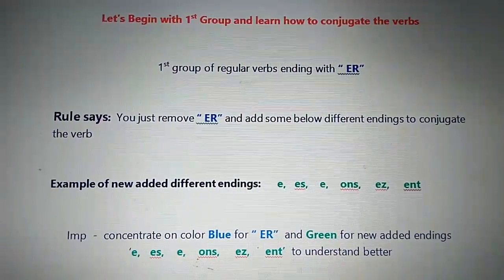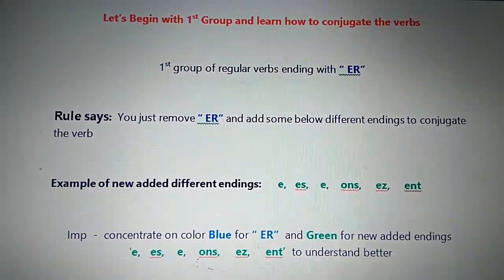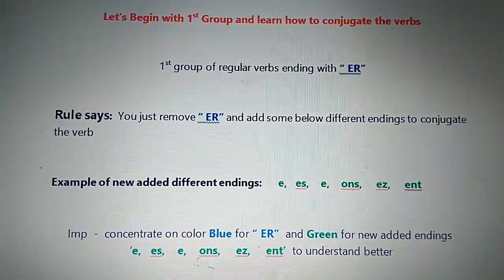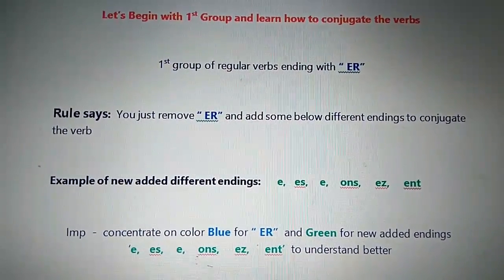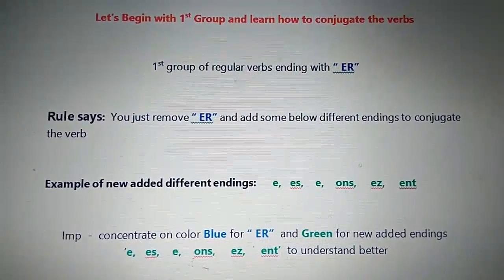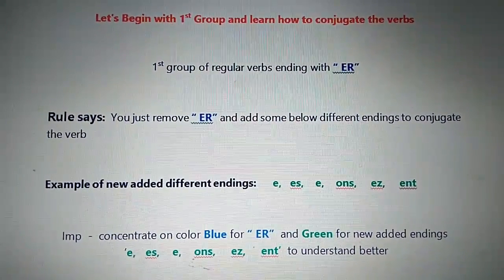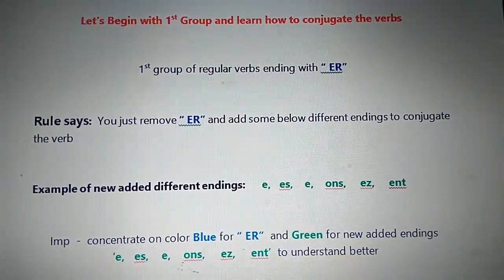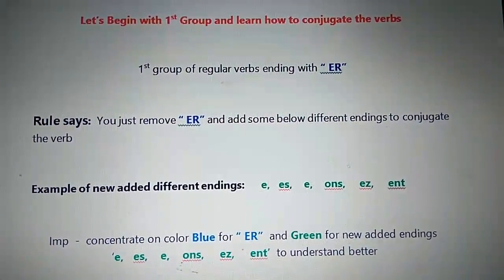First group of regular verbs ending with er, and there is a rule. The rule says that you just remove er, which is highlighted with blue color, and then add different endings in place of er to conjugate the verbs.